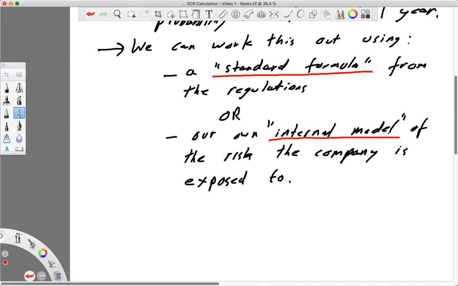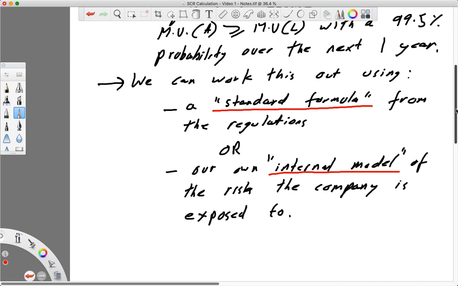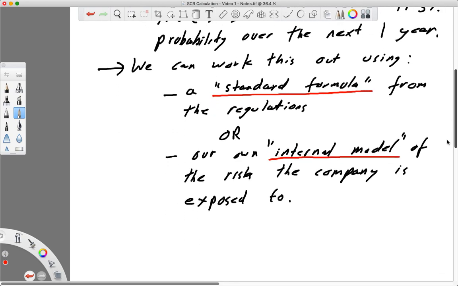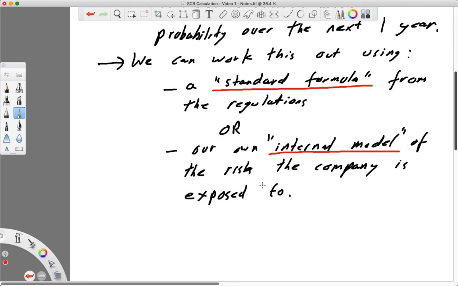What you could do is build your own model, like your own stochastic model of all the different risks the company is exposed to, and then you run it and get the 99.5% point, and that is what your SCR is. So you have to decide as a company which of these you want to do.